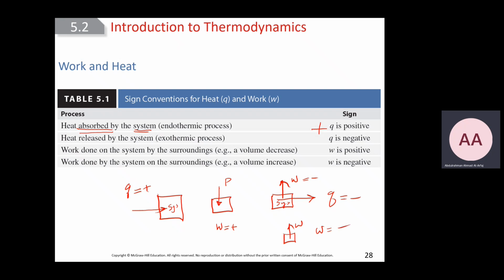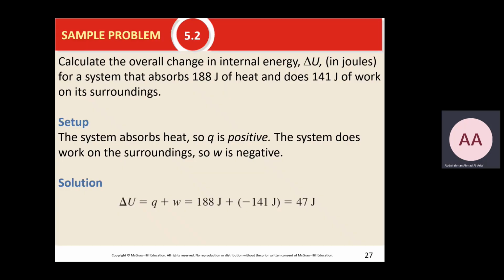Let's have this example: to calculate the overall energy change, we know that delta U equals Q plus W. If the system absorbed heat, this means the heat came from the surrounding to the system, and that's why Q will be positive 188.